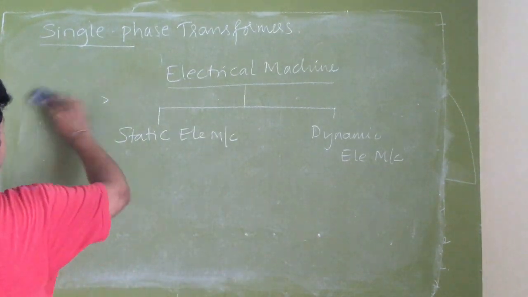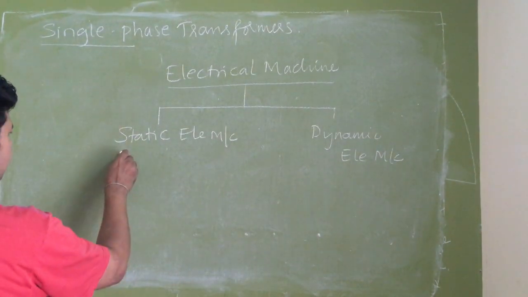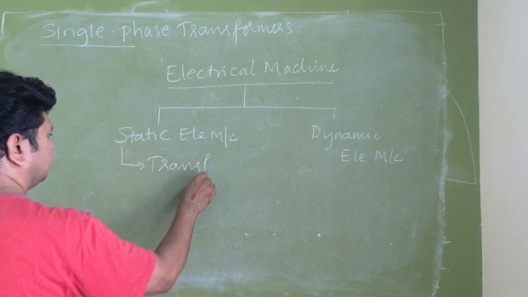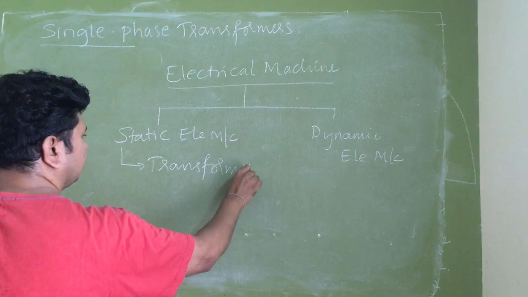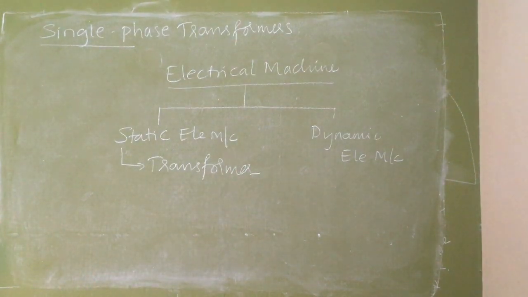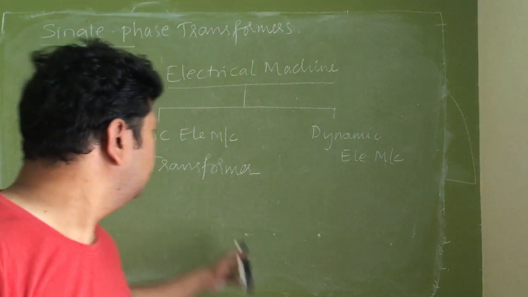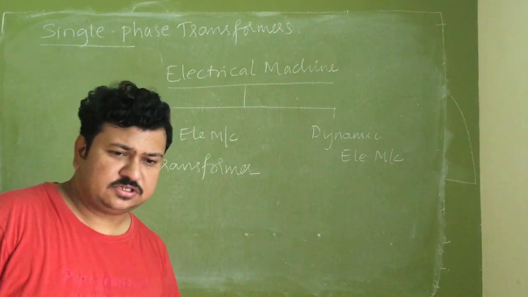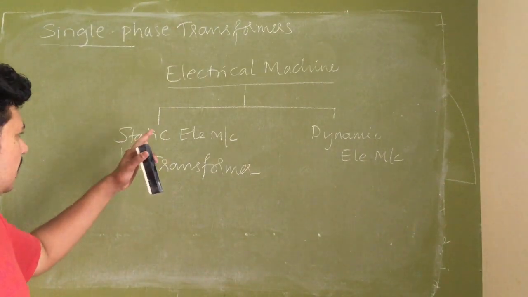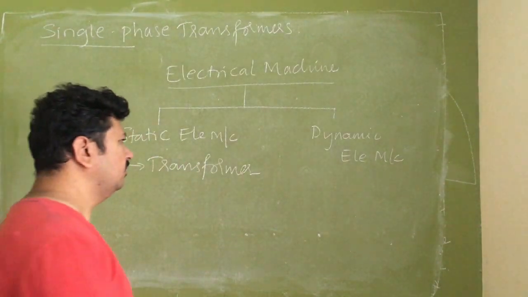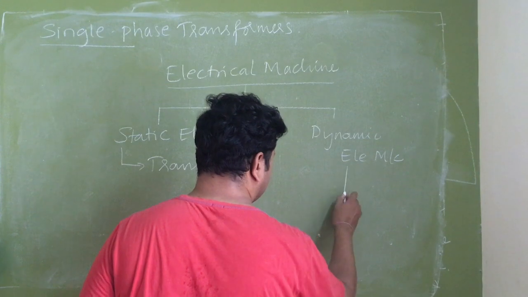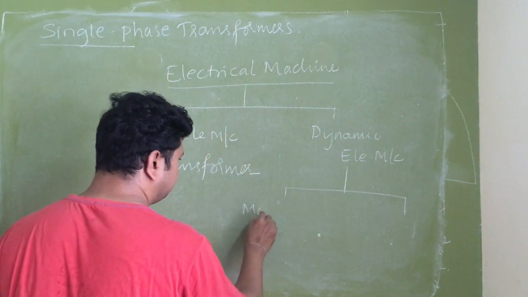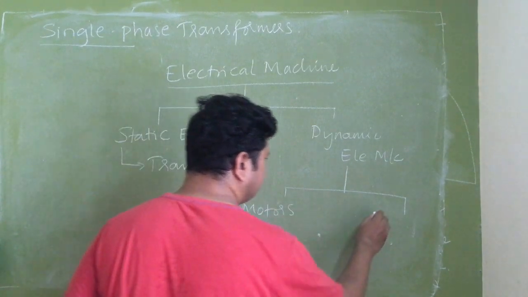Now, the static electrical machine is only the transformer. There are many applications with the static induction principle, but we don't call them machines. Whereas for dynamic electrical machines, we again have two types: motors and generators.